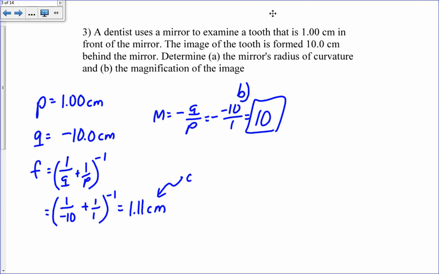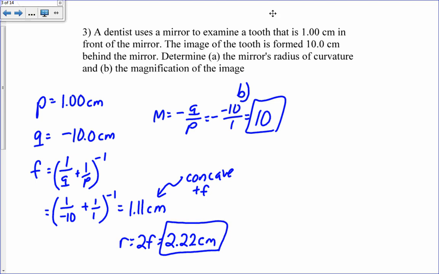That means that it's a concave mirror because that has a positive focal length. And so the radius of curvature is twice that, which is 2.22 centimeters. It doesn't make sense for a dentist to use a convex mirror because a convex mirror will always make the image smaller than the object. So this is part A.